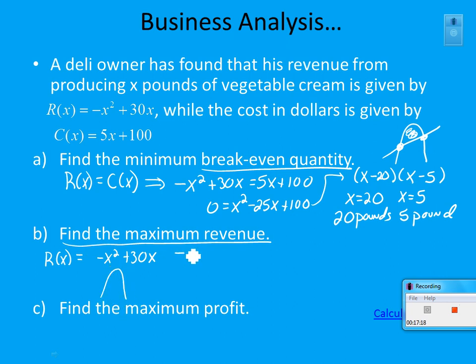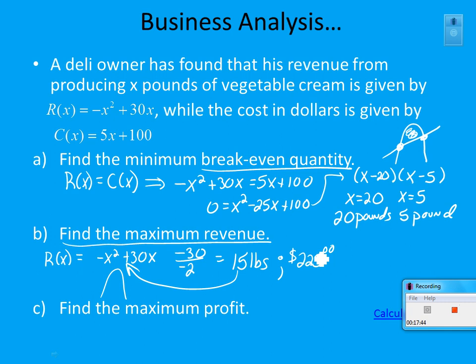So I'm going to go the opposite of B over 2 times A. This tells me my maximum revenue is going to occur at 15 pounds of that. To figure out how much the maximum revenue is, I'm going to plug 15 back into that formula. And I did that already, and I got that the maximum revenue is $225.